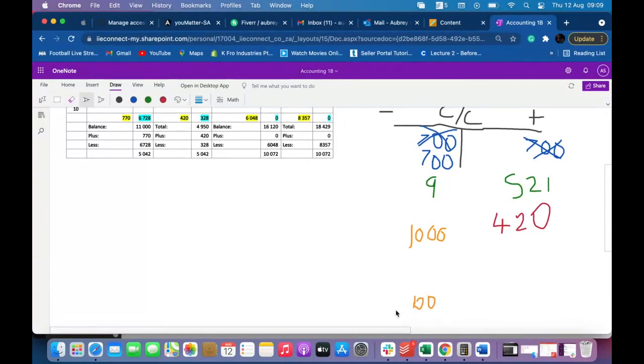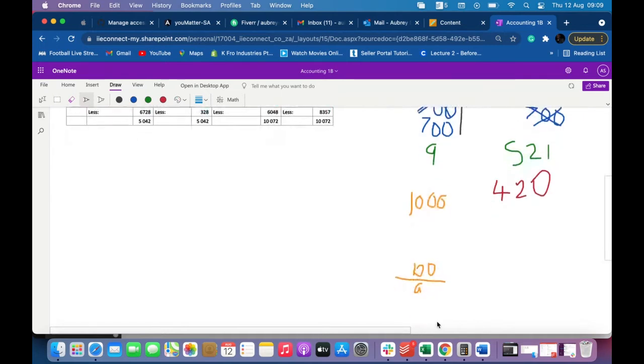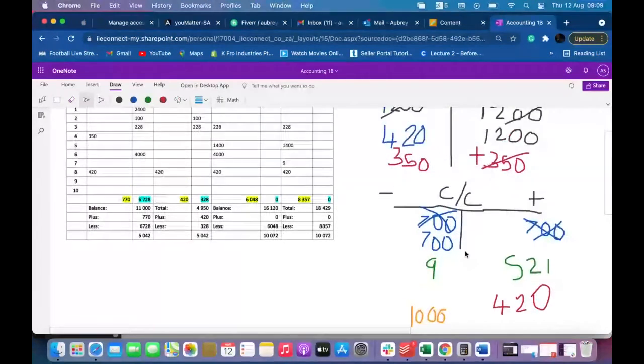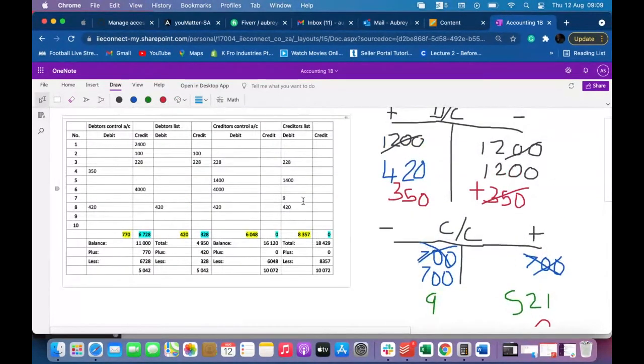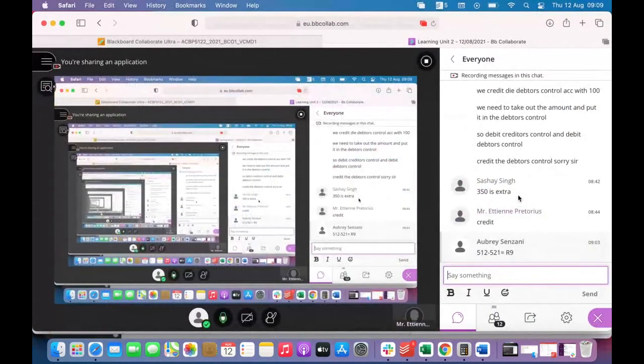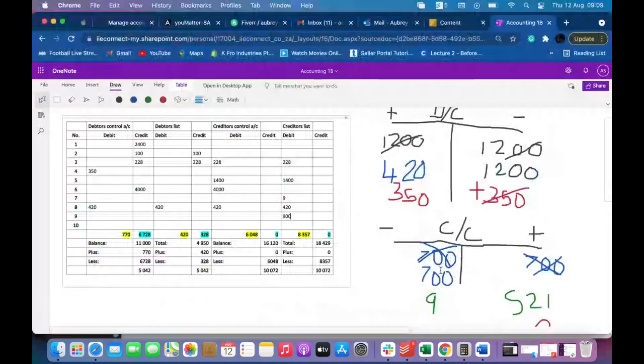We're short by how much? By 900. We're undercast, if we want to use the right terms, by 900 Rand. So all we need to do here is go to the credit list and debit 900 Rand to make up for that shortfall. Are there any questions or thoughts here? Everybody's still happy? Okay, all right.